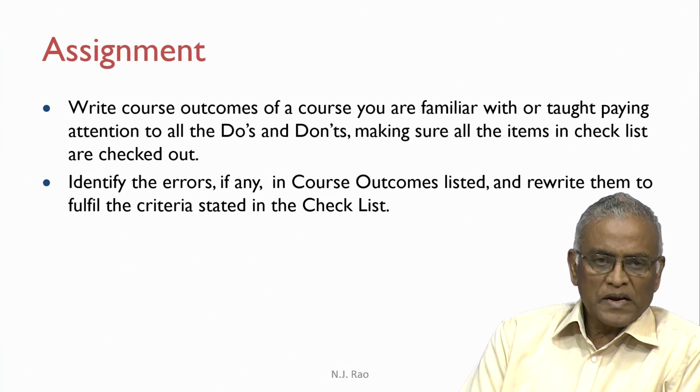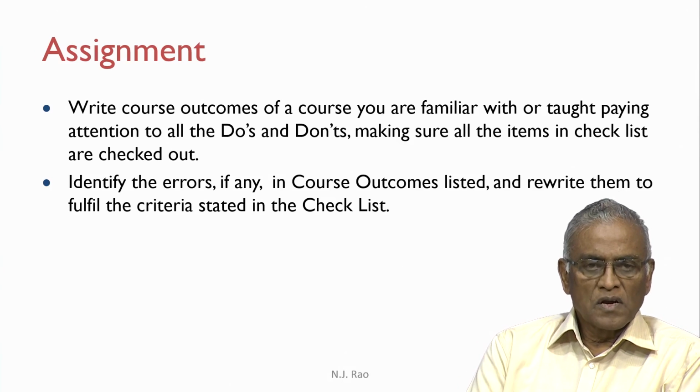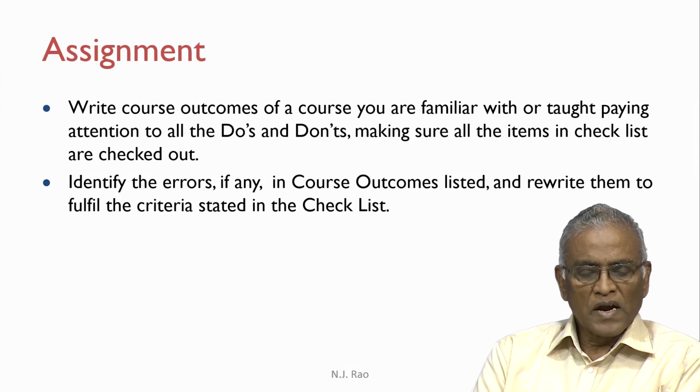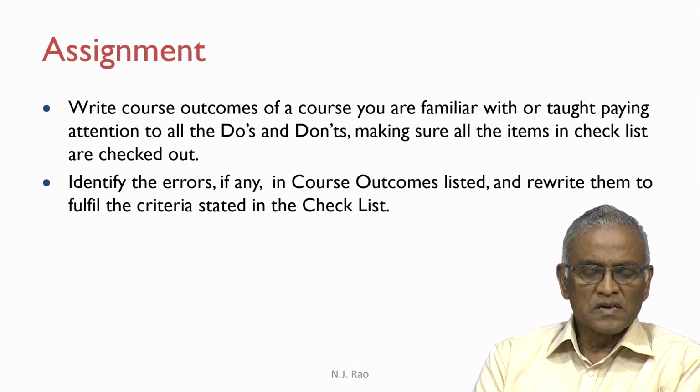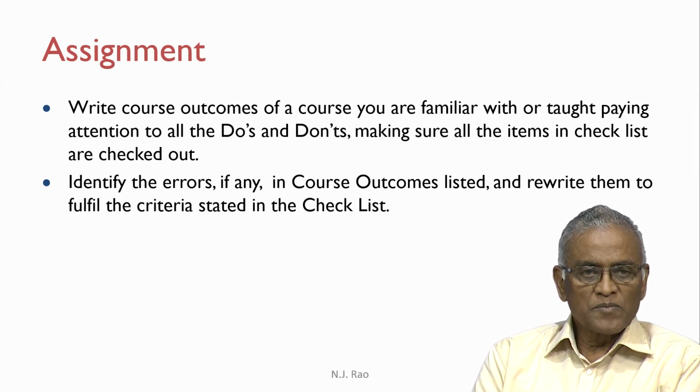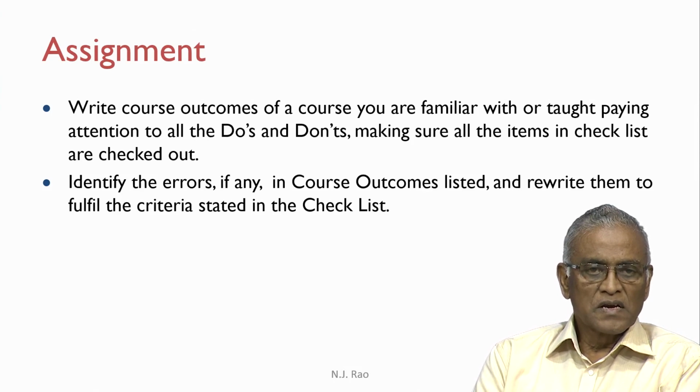Again, for further practice, we would ask you to identify the errors, if any, in the course outcomes listed and rewrite them to fulfill the criteria stated in the checklist. We will give you another 10 course outcomes.